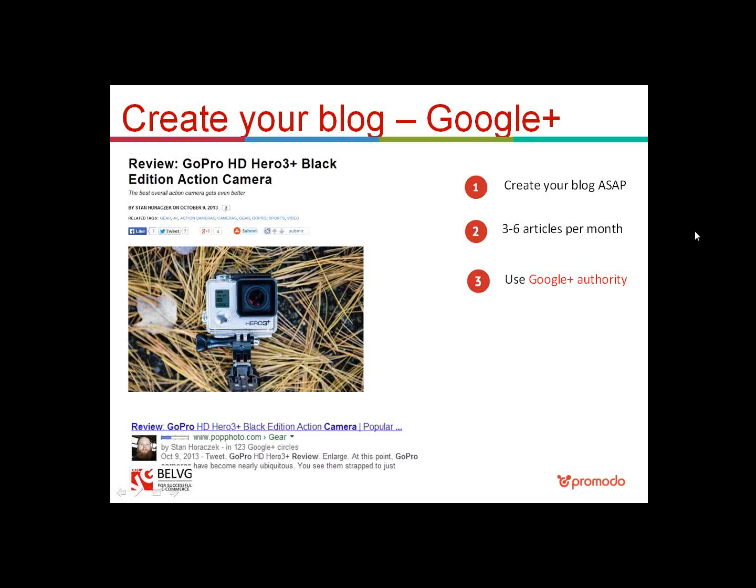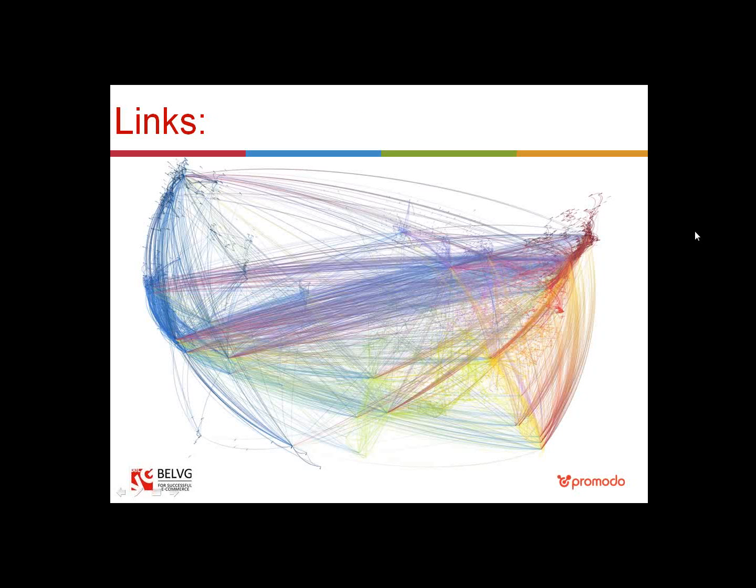So again, it is a huge plus to the speed of indexation of your store. And as one extra bonus, you can verify the authors that write for your blog with Google+, and you will also get a rich snippet with the author's photo for your blog.